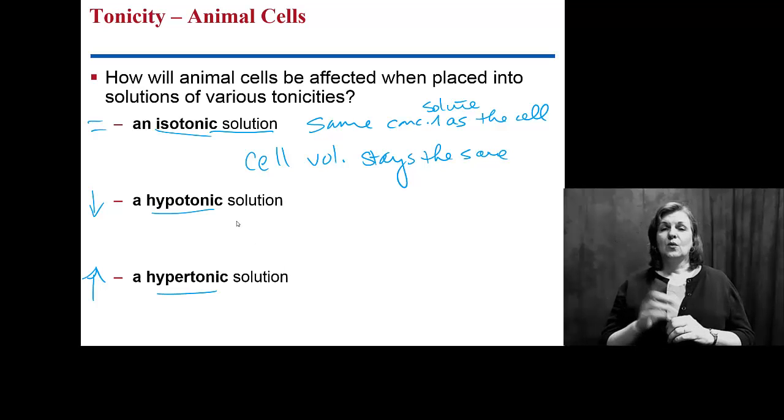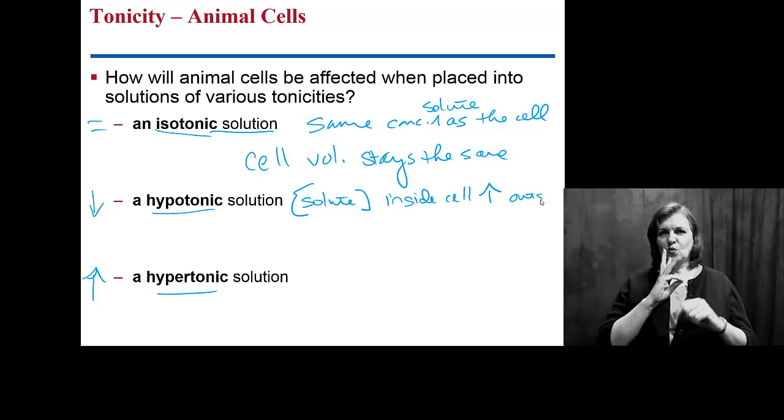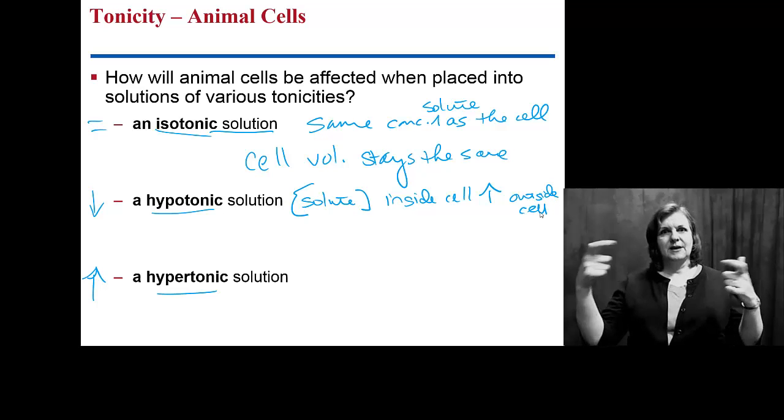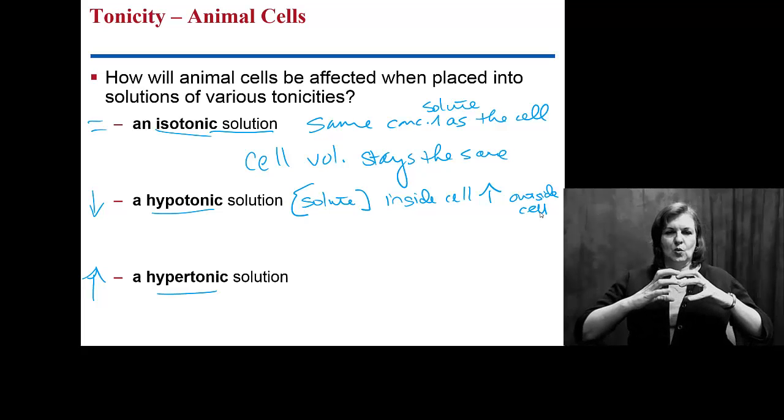What if I have it in a hypotonic solution? So this means that the solute concentration inside the cell is greater than outside. Which way is water going to want to move?